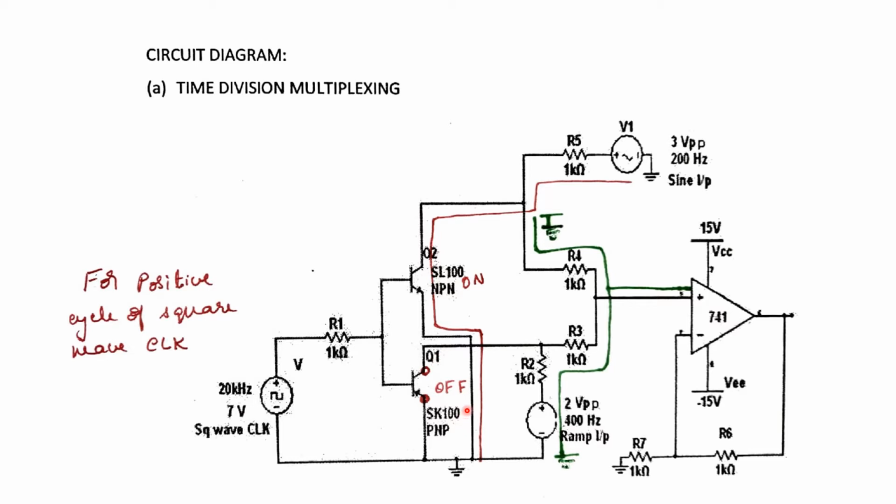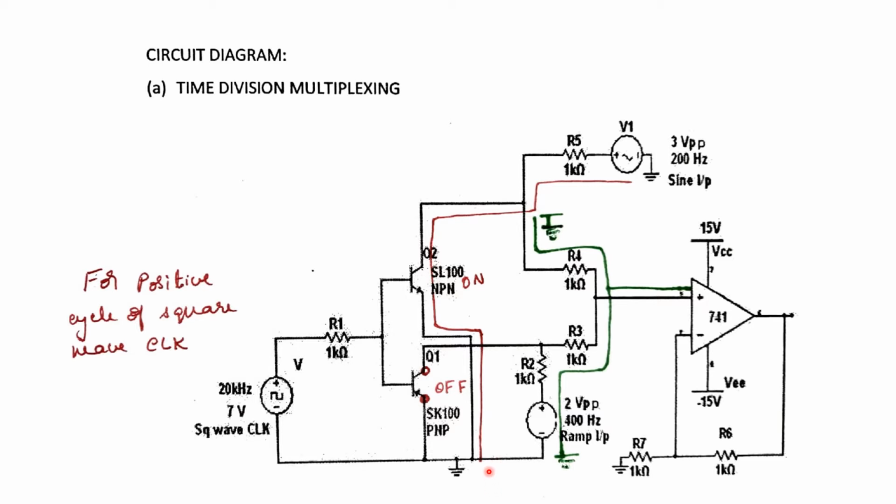Now for the positive half cycle of the clock signal, the NPN transistor will be on. It will operate in the saturation region, and the PNP transistor will be off. It will operate in the cutoff region. So since the transistor SL100, being an NPN transistor, is in the on position, the sine signal which is connected to the collector of this transistor will be pulled down to ground.